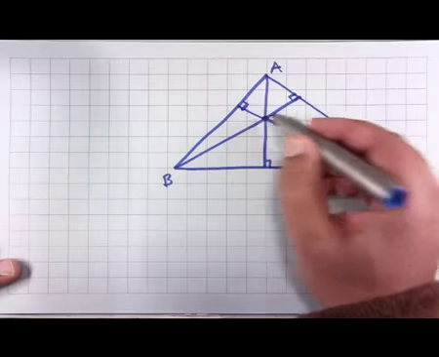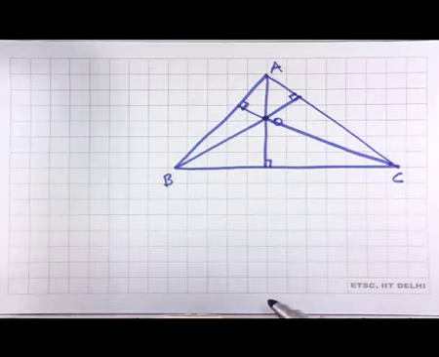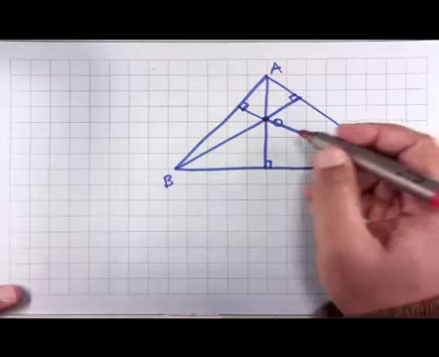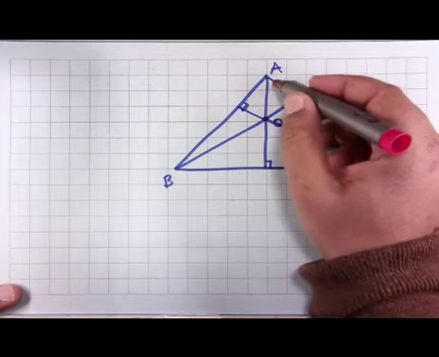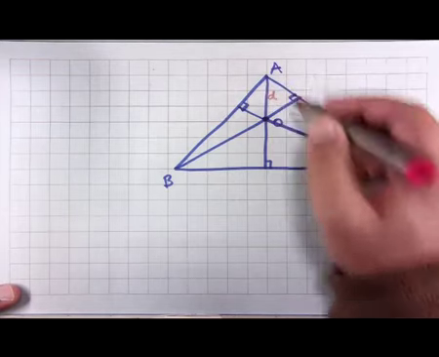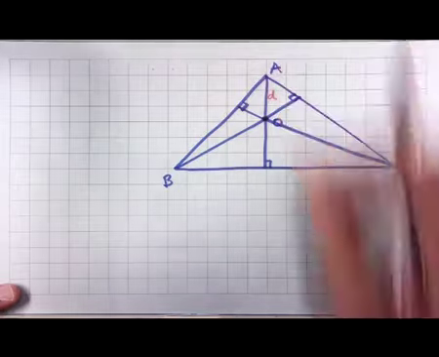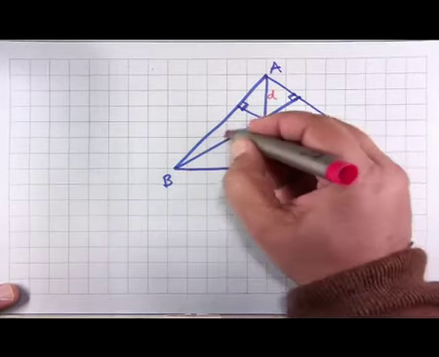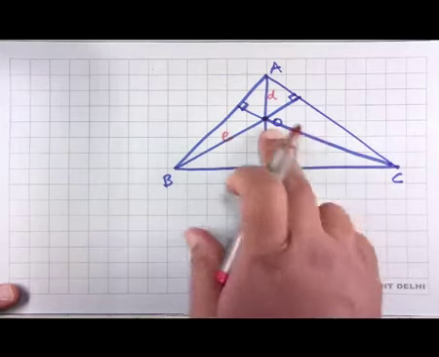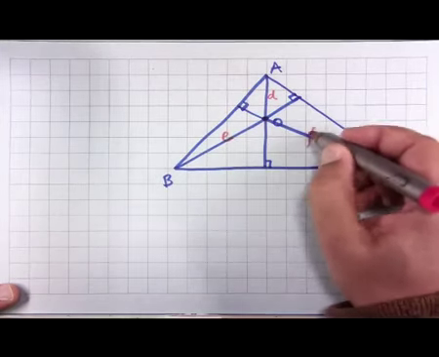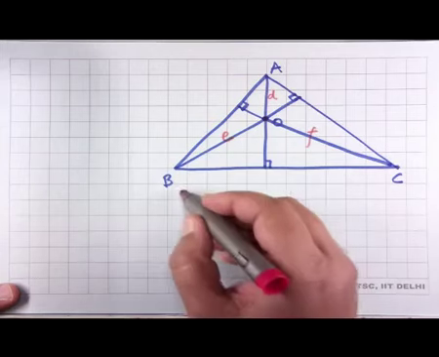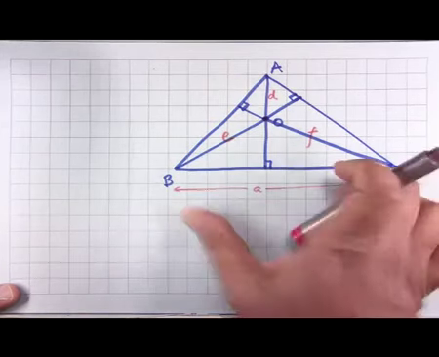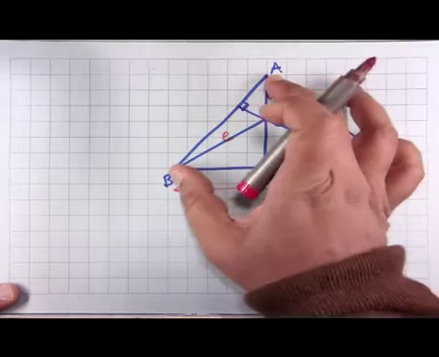So, D, E and F are the distances between the orthocenter and the vertices. So, let us say that this distance is D. So, D is basically AO and the distance OB is E and the distance OC is F. Of course, these lengths are, this is A, this is B, this is C.